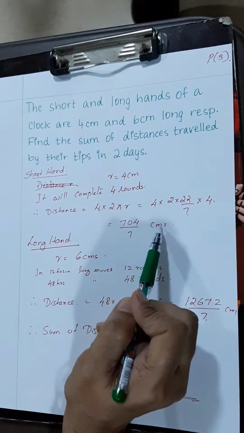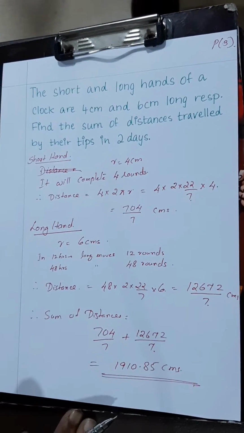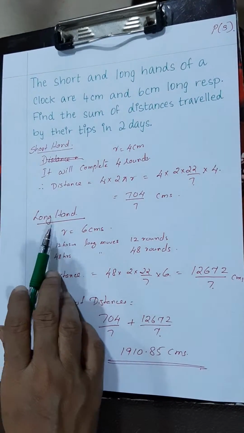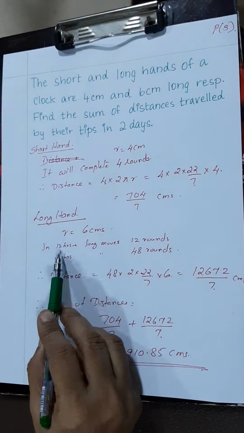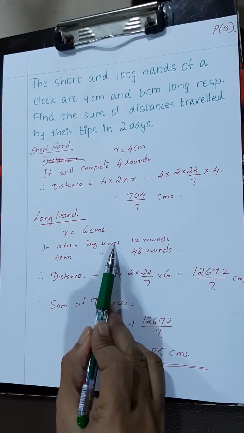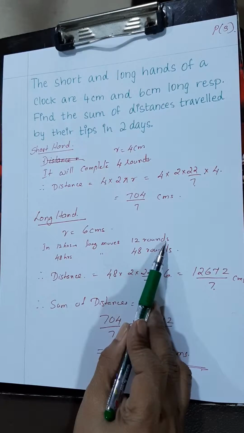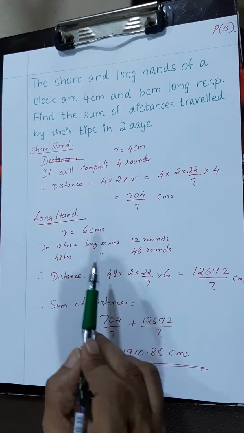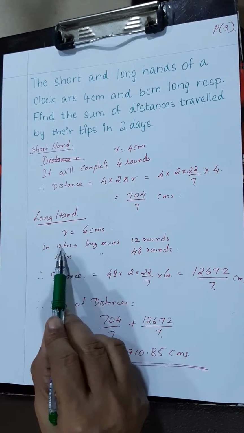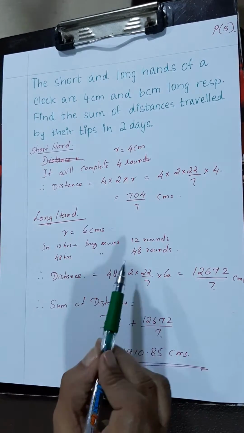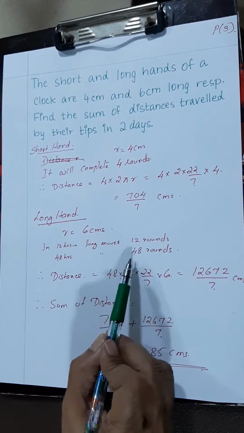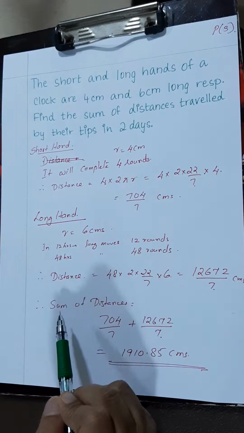So you get this. Now, coming to the long hand. In 12 hours, the long hand moves 12 rounds, because in 1 hour it will move 1 circle. Now we have 48 hours, so it will move 48 rounds.